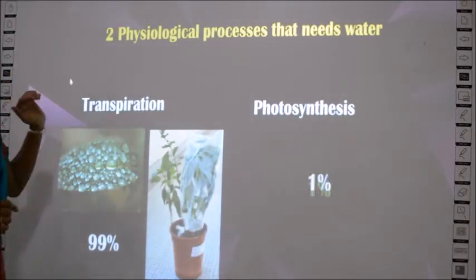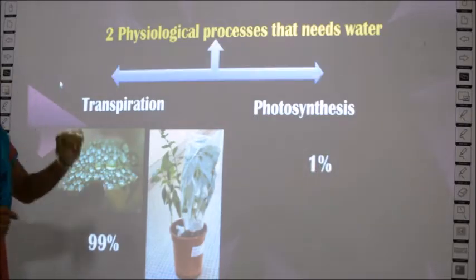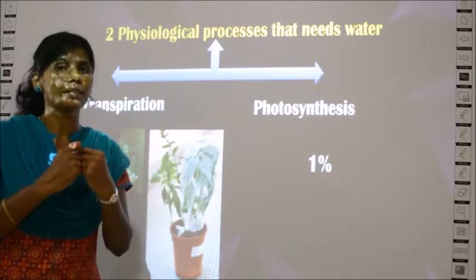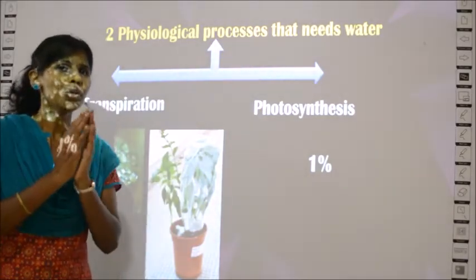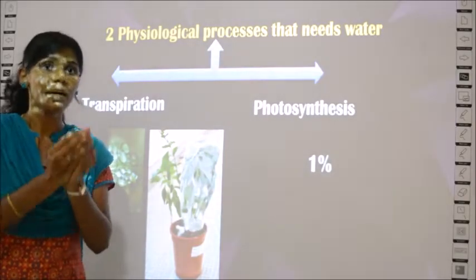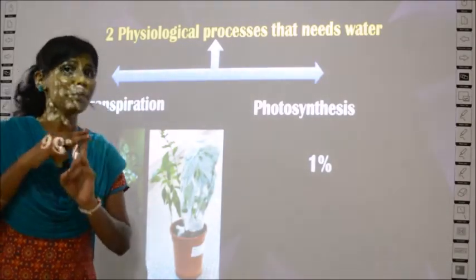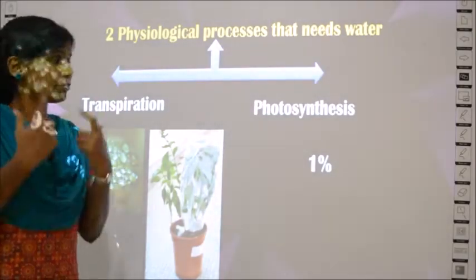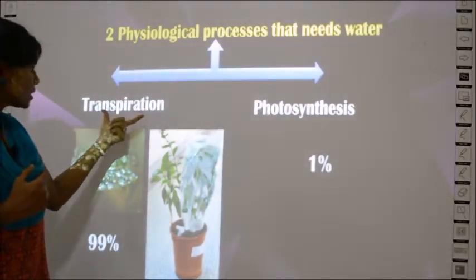Okay, now we learn about 2 physiological processes that need water. There are many processes in a plant, but there are two important processes that need water. The first process is called transpiration.